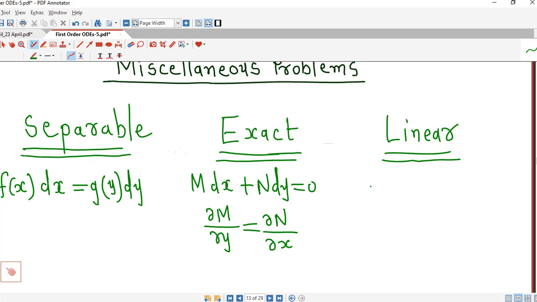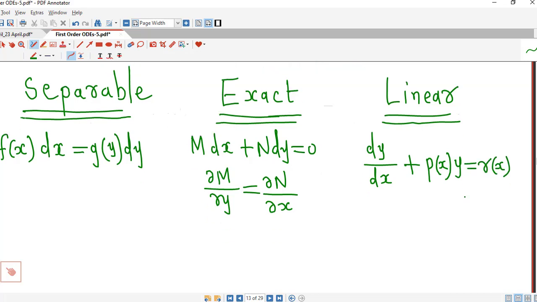And we know that if our differential equation can be written in the form dy by dx plus P(x) y equal to R(x), then it is a linear differential equation with y as dependent variable, and a linear differential equation with x as dependent variable is dx by dy plus P(y) x equal to R(y).